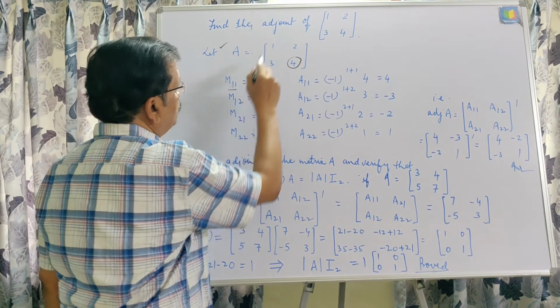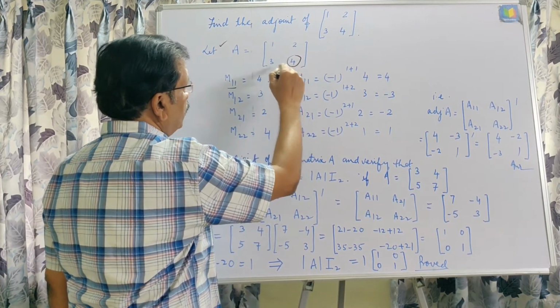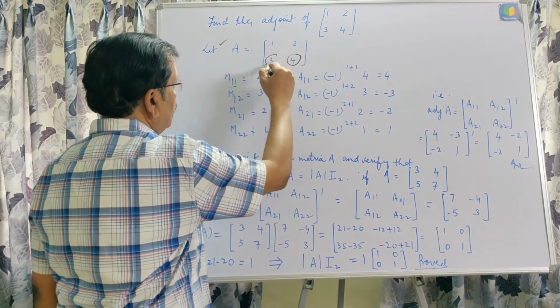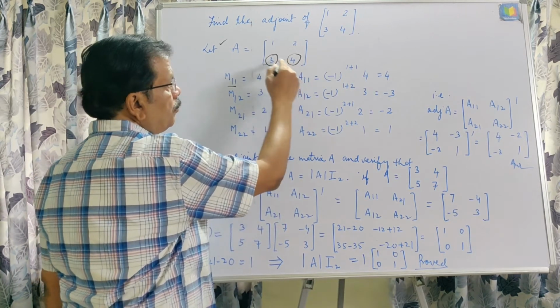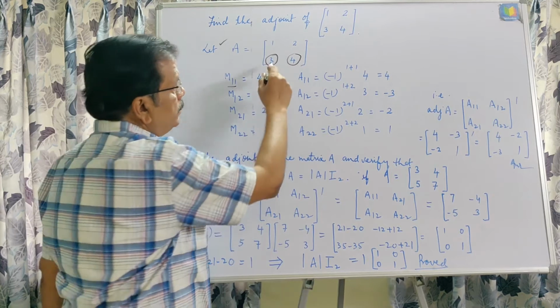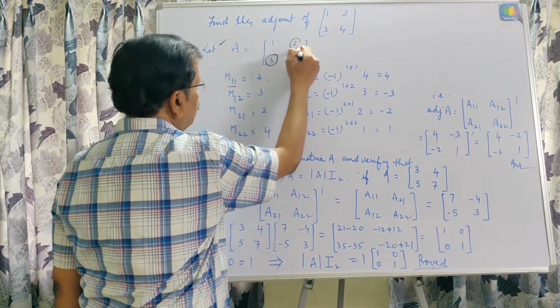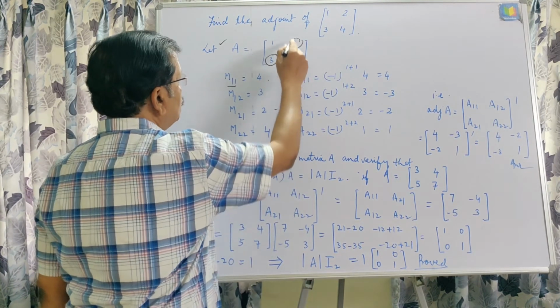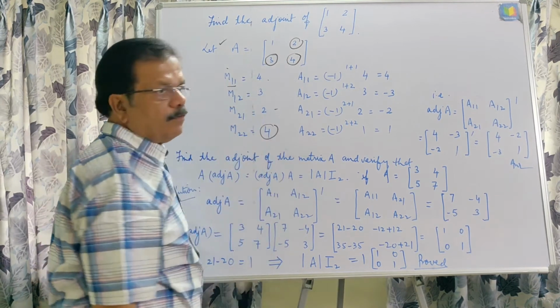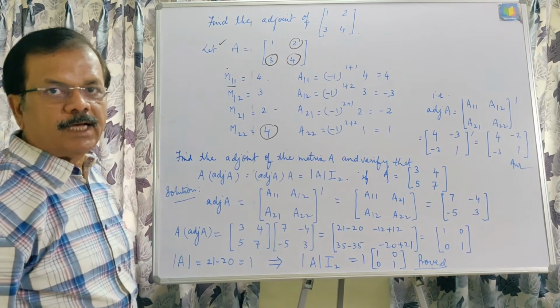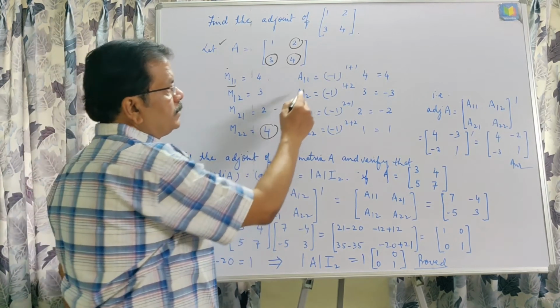M12: first row, second column is hidden, and what is left? 3. M21: second row and first column hidden, we are getting 2, and M22: this is hidden, we are getting 1. These are the values of the minors.